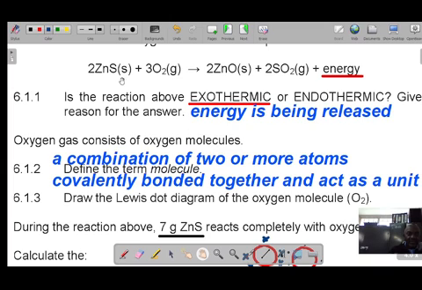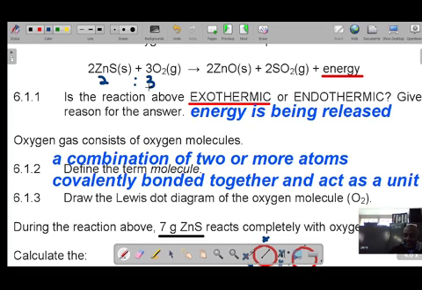Zinc sulfide reacts with 3 moles of oxygen, so the mole ratio is 2 to 3. I know the moles of zinc sulfide, so I can get the moles of oxygen, then the mass. The mole ratio is 2 for zinc sulfide reacting with 3 for oxygen.